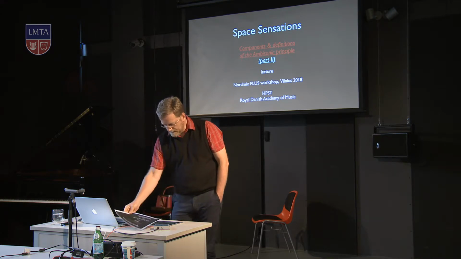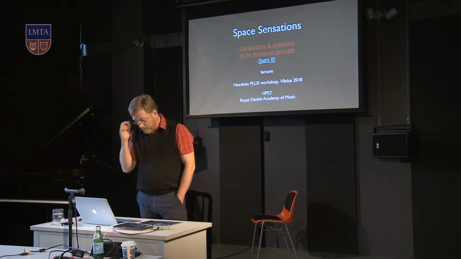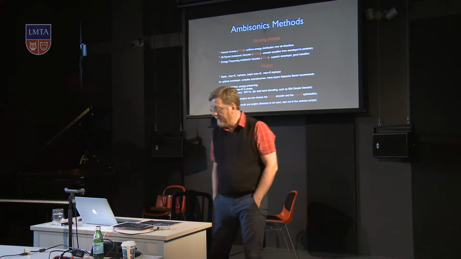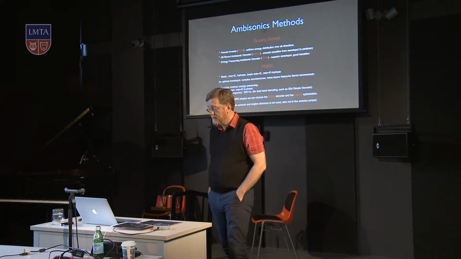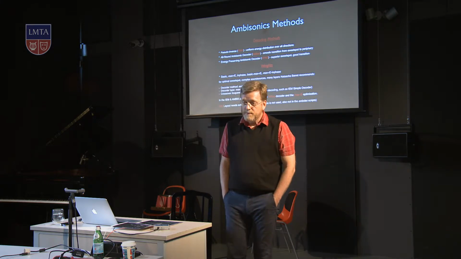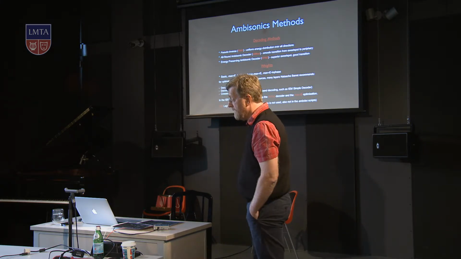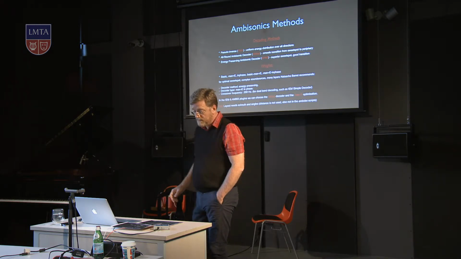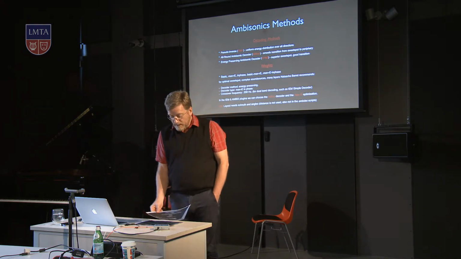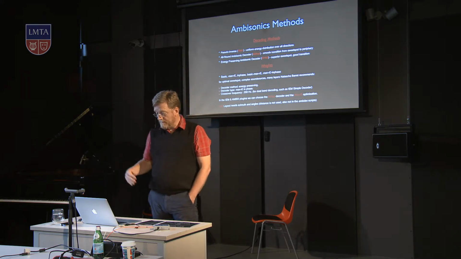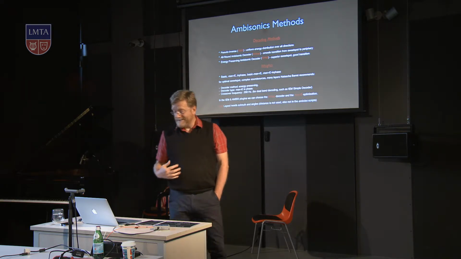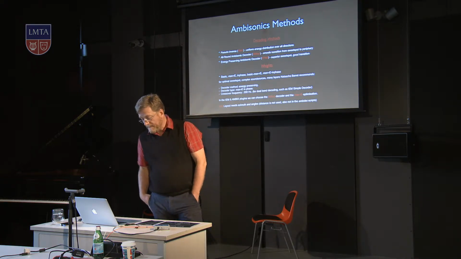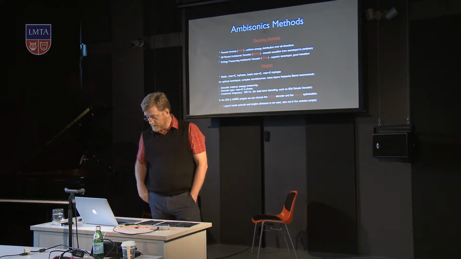So, when we talk about ambisonics, we immediately face the problem of choosing the right tools and the right methods. If you look into the literature available on the web, you'll see these things mentioned: decoding methods with strange names, very often referred to in short.